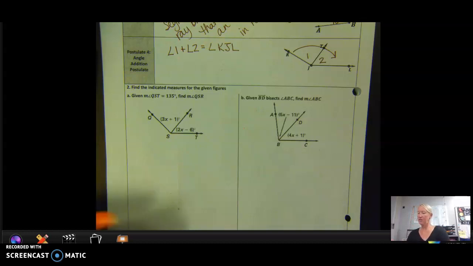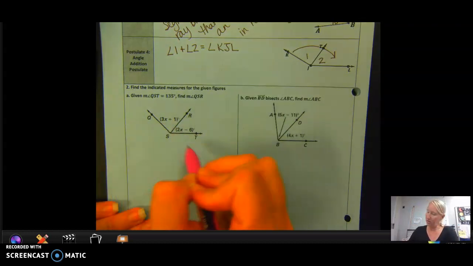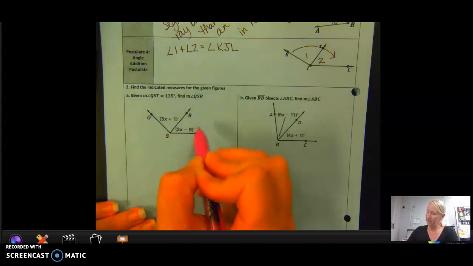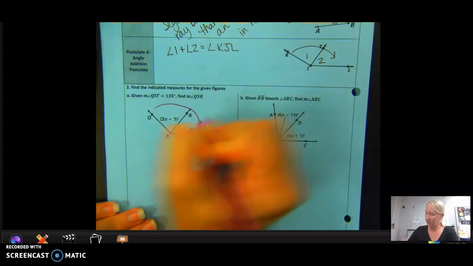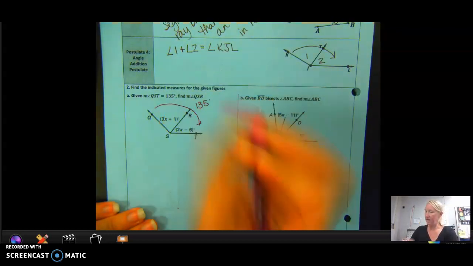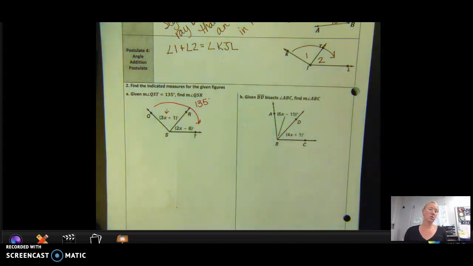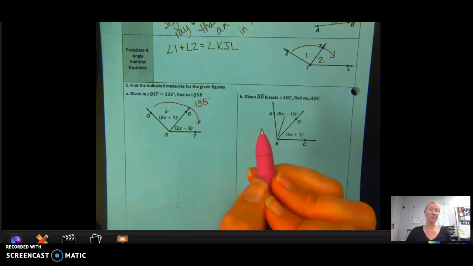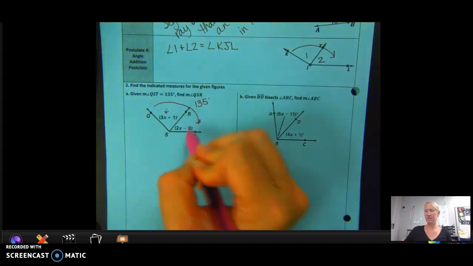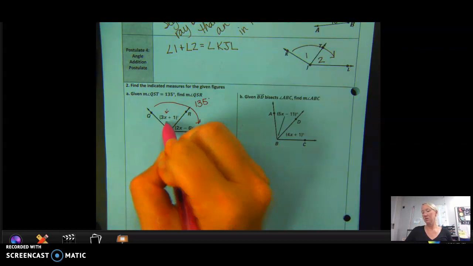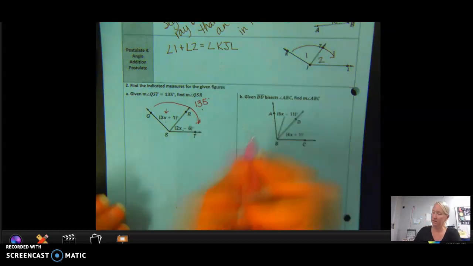Okay, given that the measure of QST, so this big angle, is 135 degrees. Find Q to S to R, this guy. It's not saying that SR is an angle bisector, so I can't say that this is equal to this. But I do know that this plus this equals this, so that's what I'm going to set up.